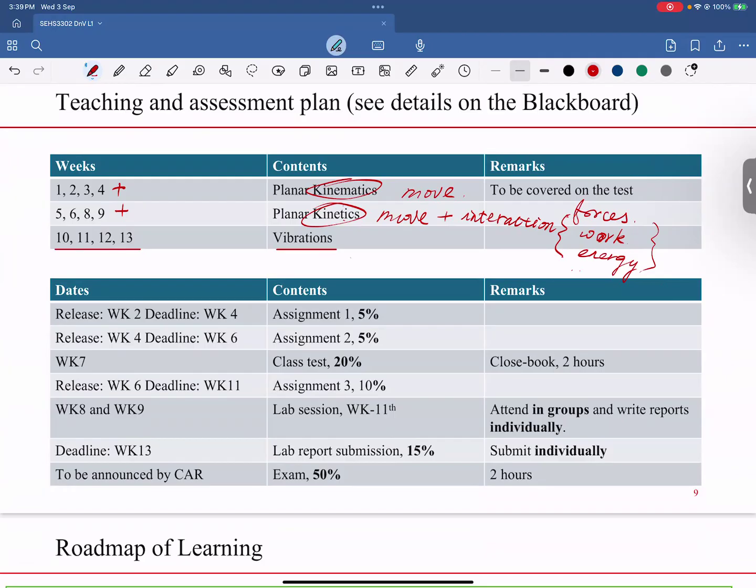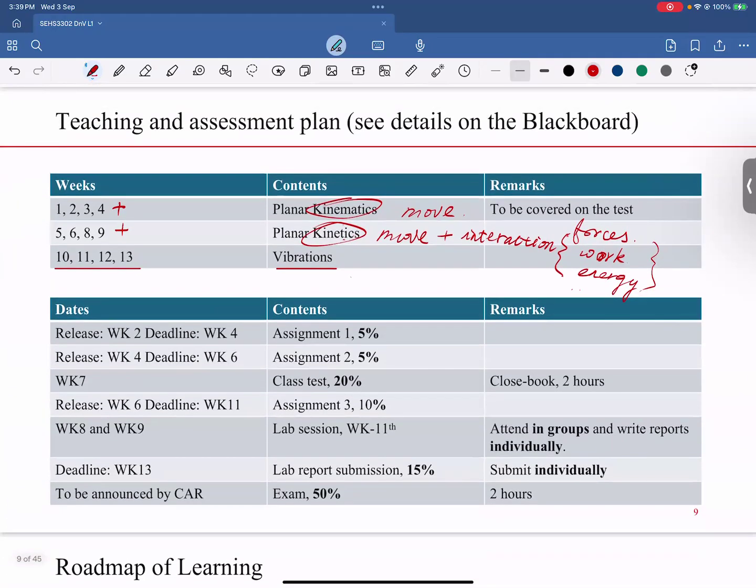And for the assessment, we have a continuous assessment and examination. Examination weighs 50%. Okay, 50%. And for the continuous assessment, we have another 50.